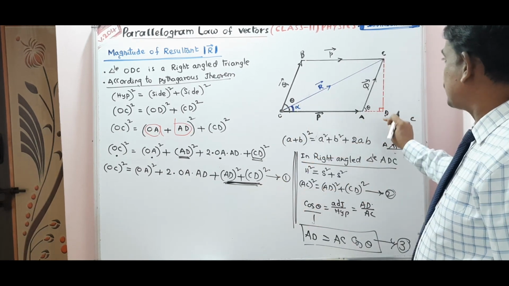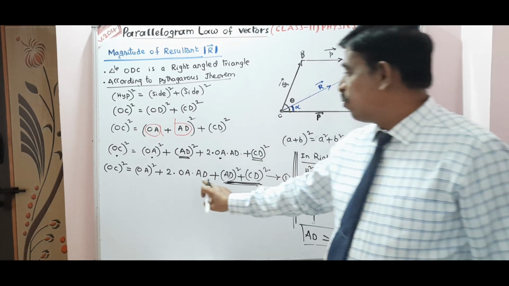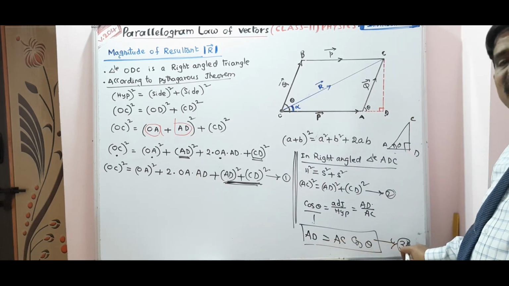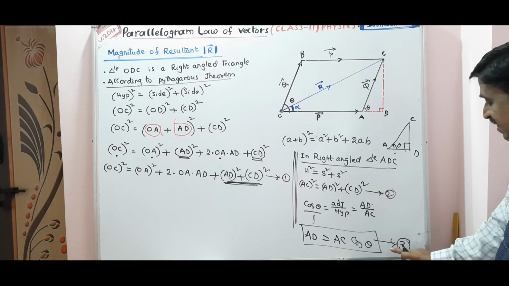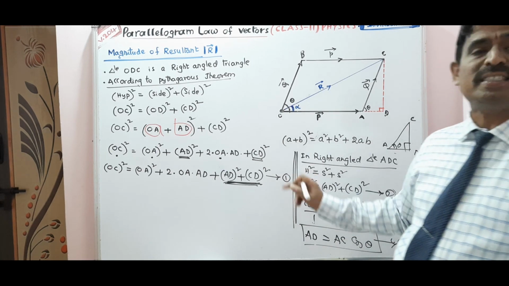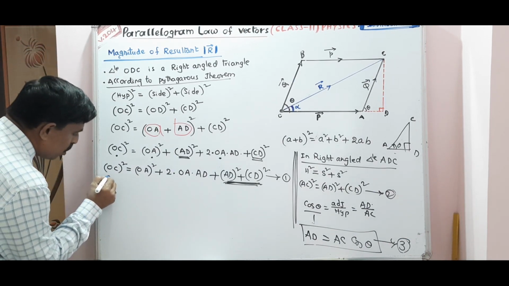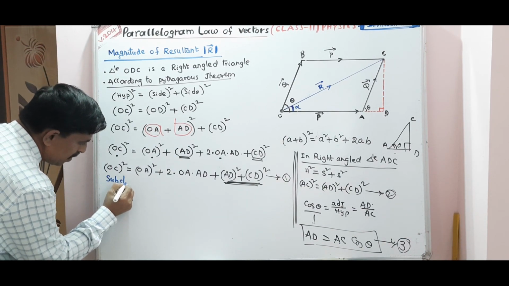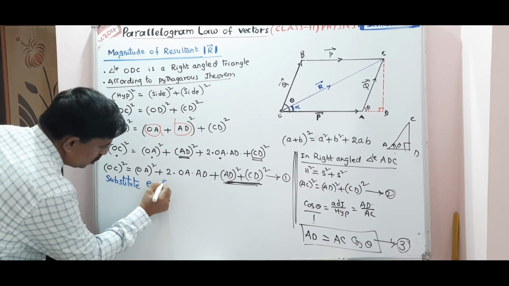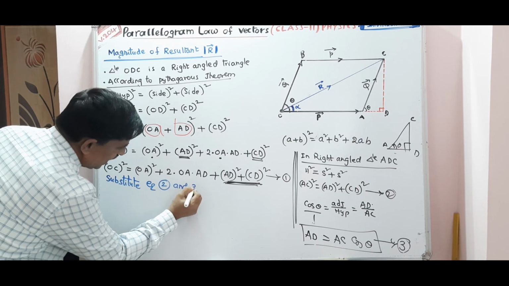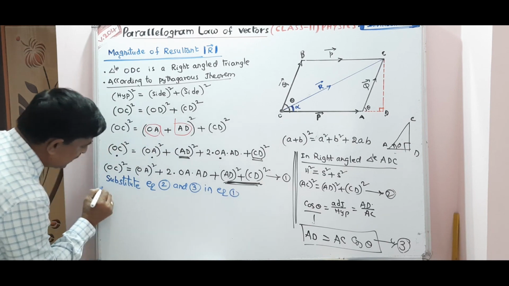AD square plus CD square is AC square, that is equation number 2, and AD means AC cos theta. Substitute equation 2 and 3 in equation 1. Now please listen here.